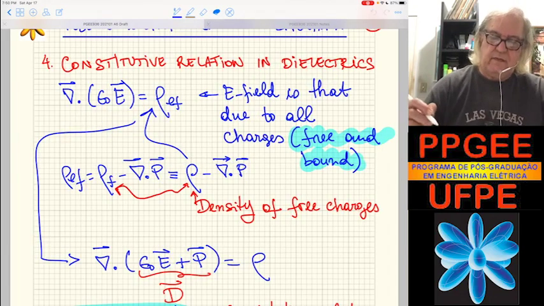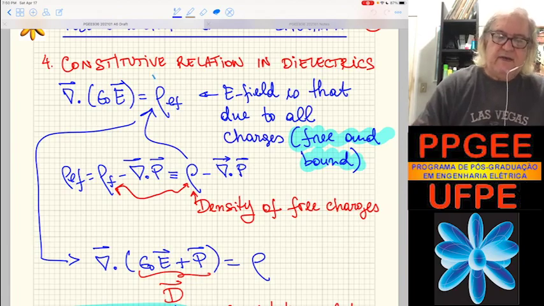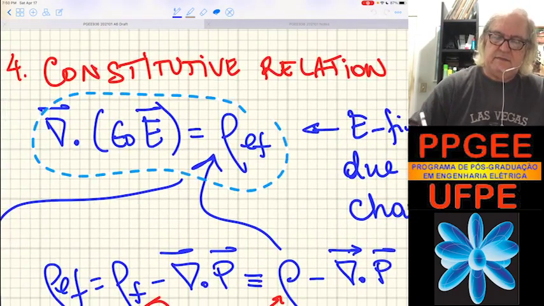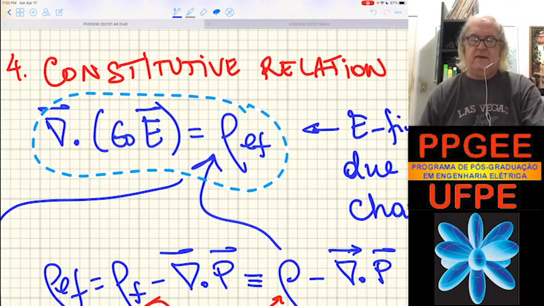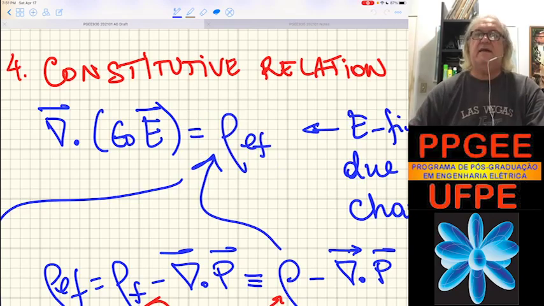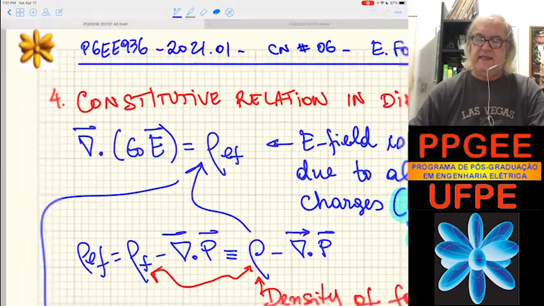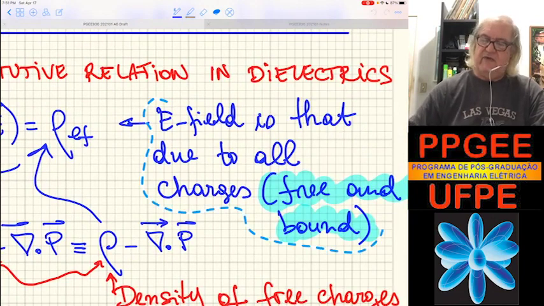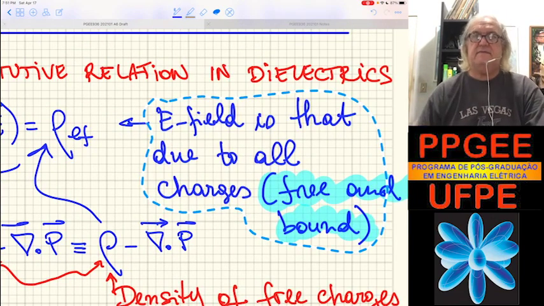So now the equation has to be changed to this one, right? But what is this thing here? Well, this takes into account all the charges now, free and bound charges, right?